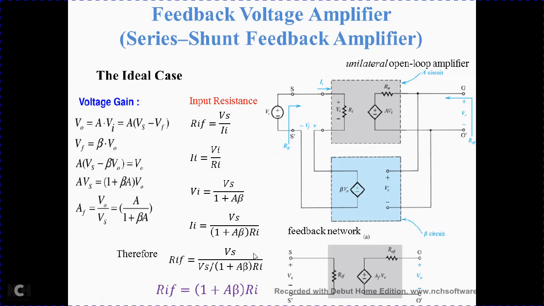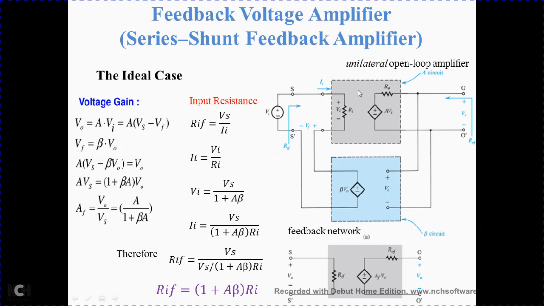You can choose a particular topology so that it suits your application. If you want high input impedance and low output impedance, one can select the voltage amplifier, which provides high input impedance and low output impedance. That is what we are proving now. This diagram is an equivalent circuit of the entire voltage amplifier.